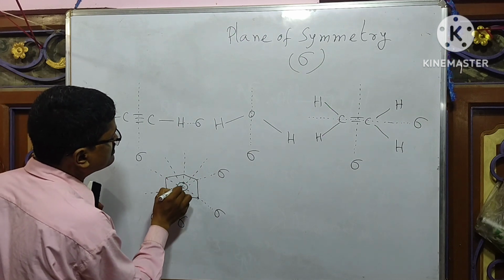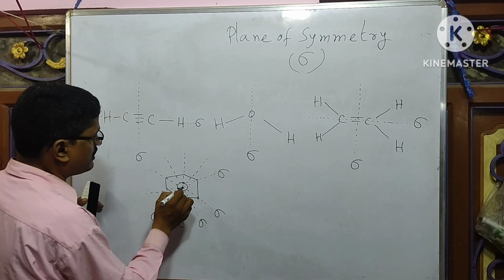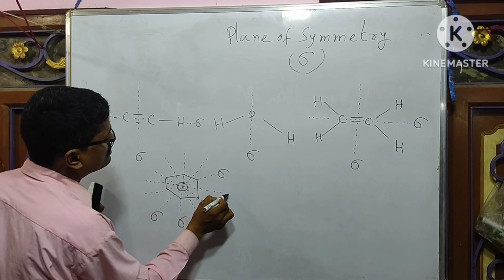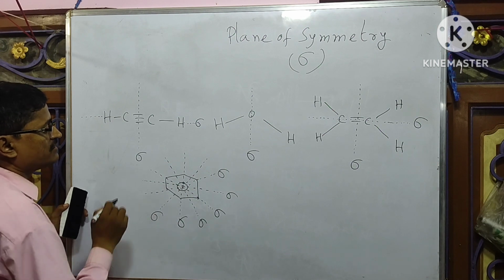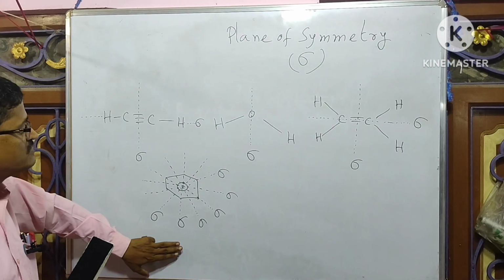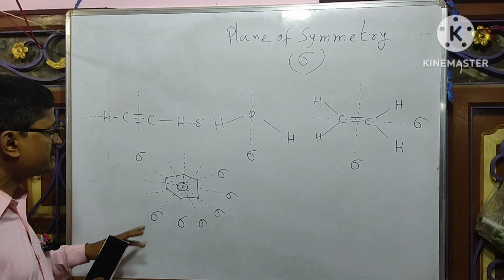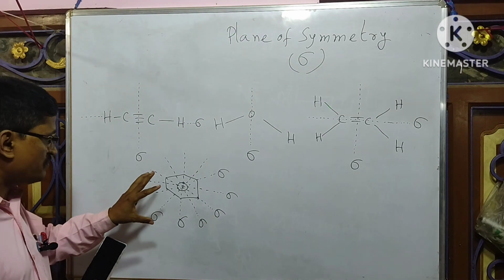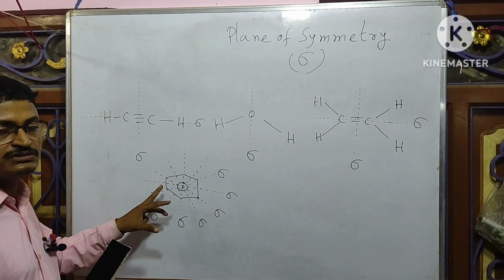Another sigma is also possible through the opposite arms of the ring, and another sigma is also possible through the opposite arms of this side and this side. Again, one more sigma is possible along the plane of the molecule, that is the plane of the board. Hence, many sigma planes are possible in case of the benzene molecule.